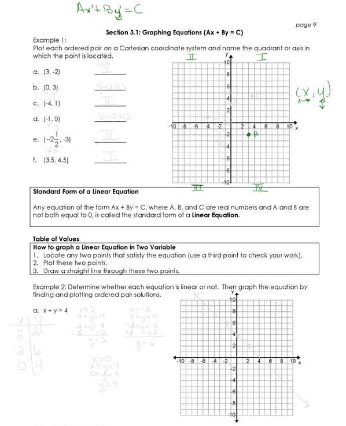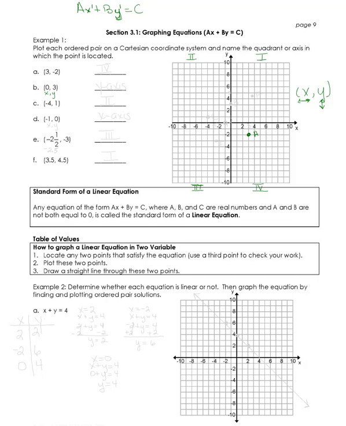I'll put the quadrants in there on the blank spaces in a few minutes. Let's look at letter B. 0, 3. Where would that be? On the y. 0, 3. Let's look at that. It says here that the x coordinate is 0.